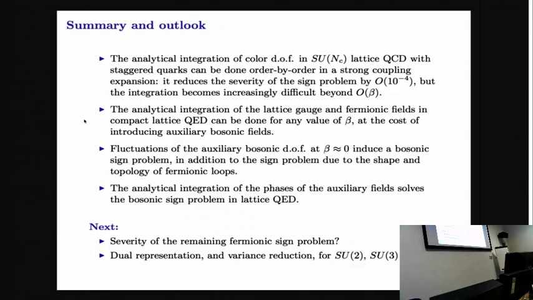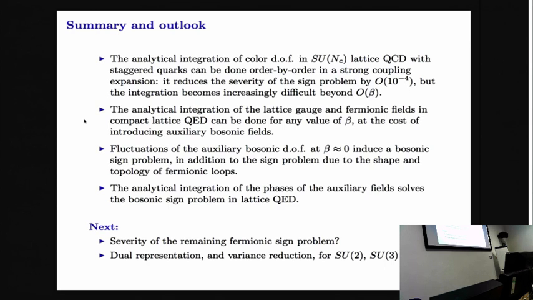We know from previous work that you can successfully integrate out analytically the gauge degrees of freedom at some order in the strong coupling expansion of lattice QED, and this gives you very good results in understanding the phase diagram.